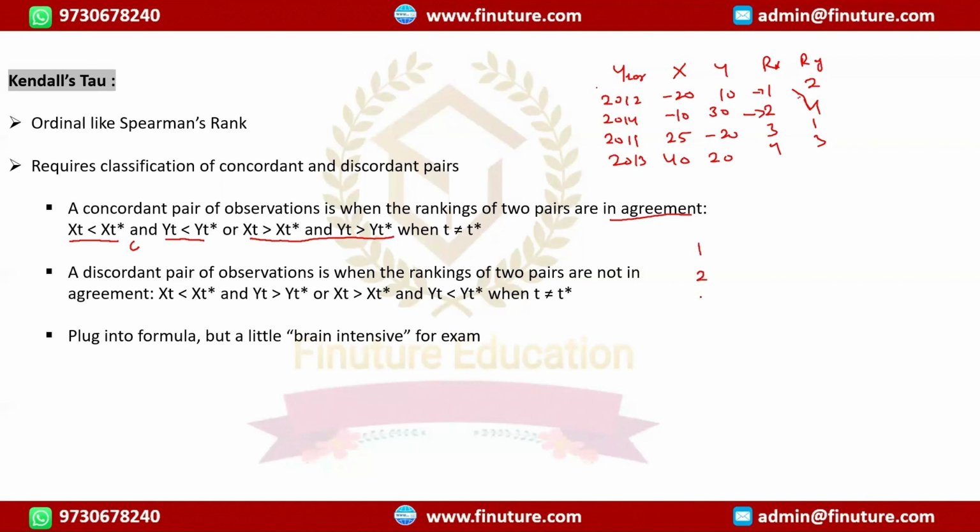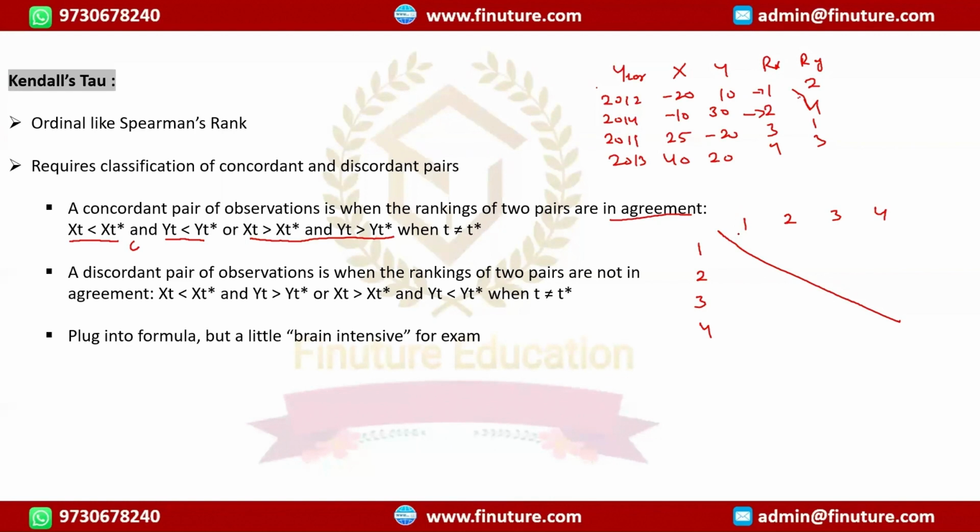I will tell you one simple way. You can just write it this way, and that is also one way you can easily compare. Anyways, the diagonal elements we will disregard, because we cannot compare an element with itself.